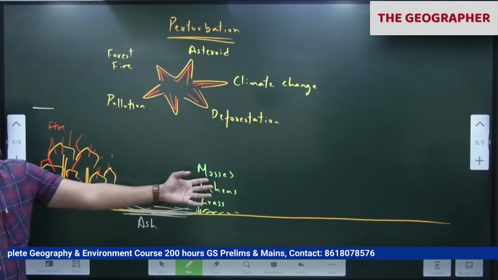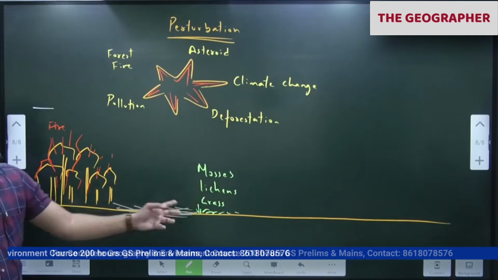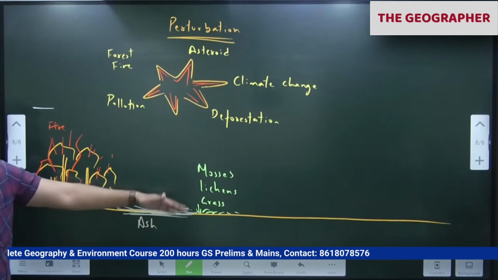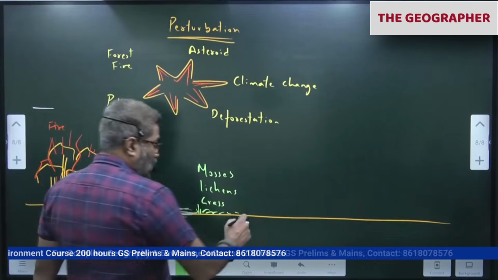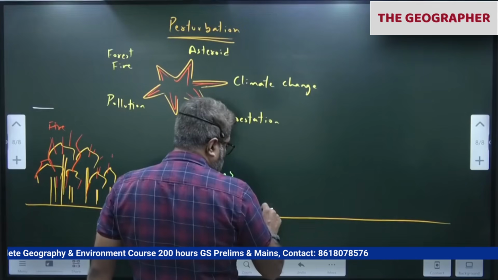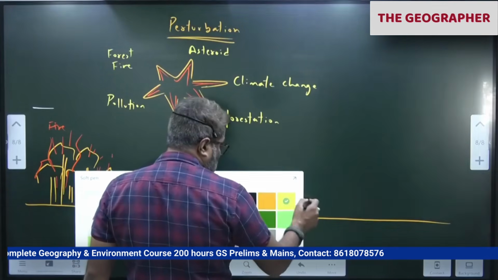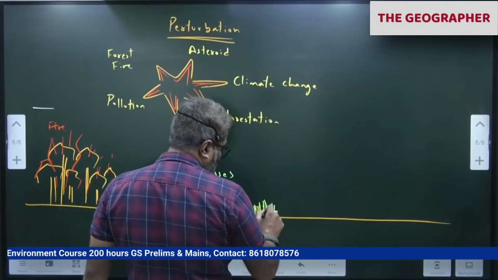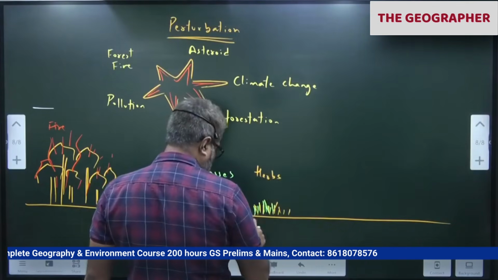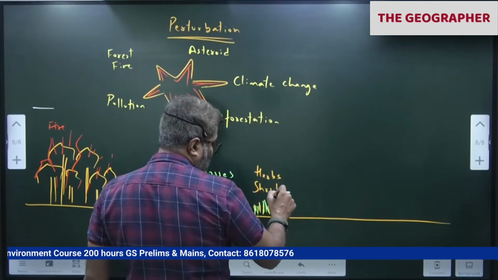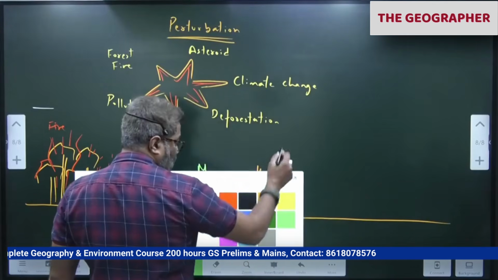Plants start growing on that newly formed ash layer. Grasses will grow, small herbs will grow, then larger herbs and shrubs.